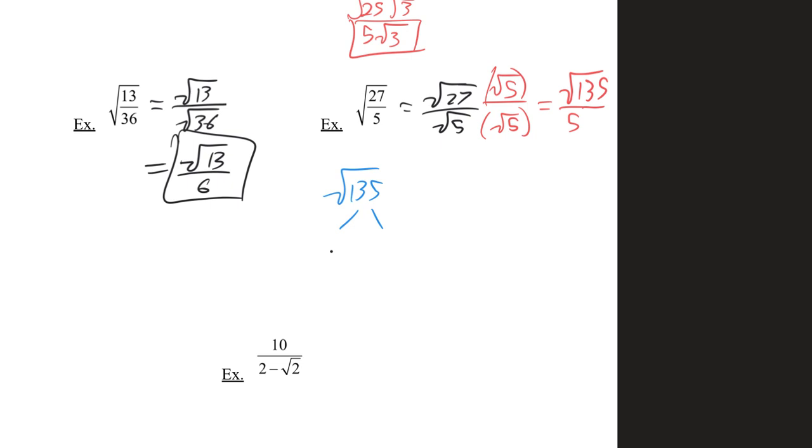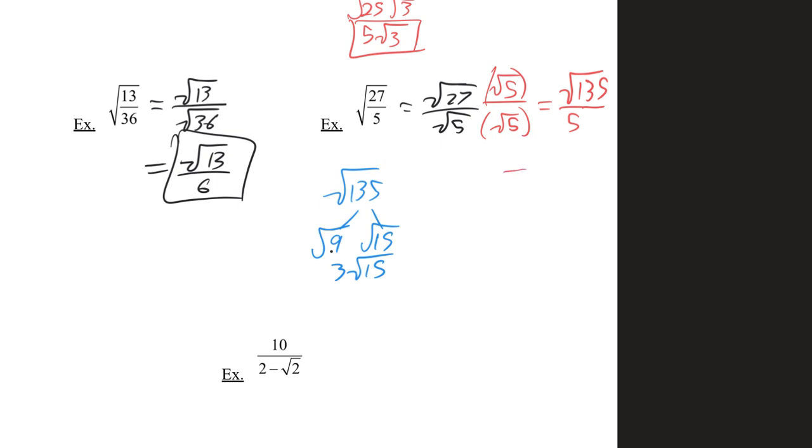So 121 doesn't, 100 doesn't, 81 doesn't, 64 doesn't, 49 doesn't, 36 does not, 25 does not, 16 does not, 9 does. So I can do this as 9 times something. It's 15, all right? So that might take you a little bit of time to come up with. But so 9 times 15. So I can simplify the square root of 135 as 3 square roots of 15.